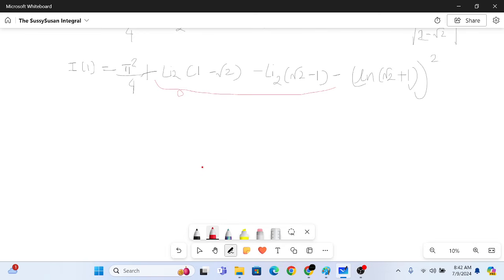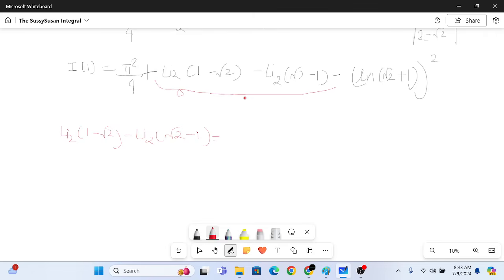Now let me just reveal its value right now. The value of that expression, li 2 of 1 minus root 2 minus li 2 of root 2 minus 1. This expression actually nicely evaluates to, its value is, wait a second.